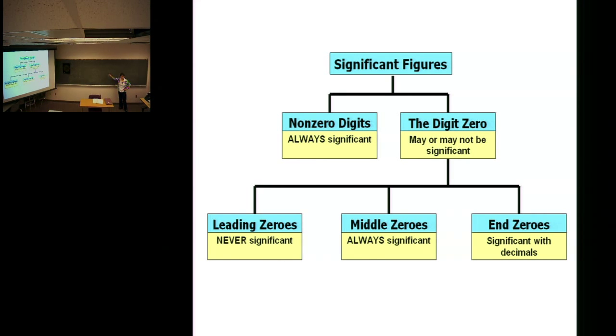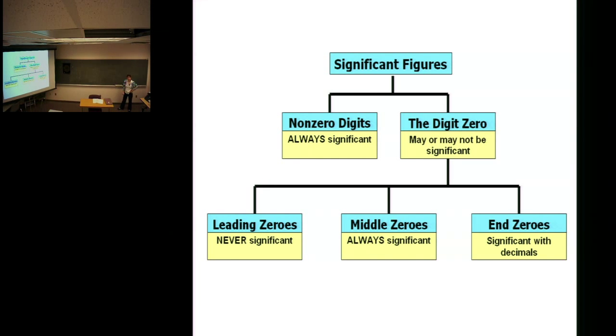All right, let's move the decimal over here. Now how many significant figures do I have? Still 2, because I still have leading zeros, and leading zeros are never significant. So those don't count. Let's change it to this number where I put the decimal in front of the zeros.